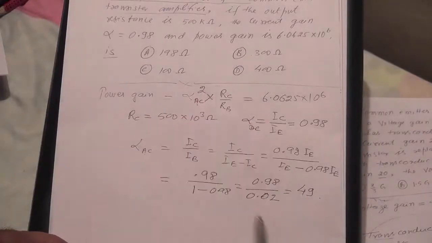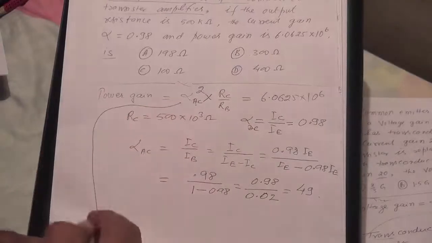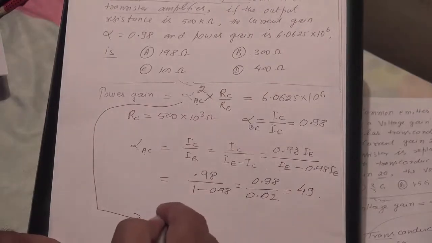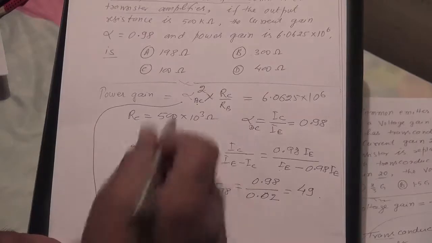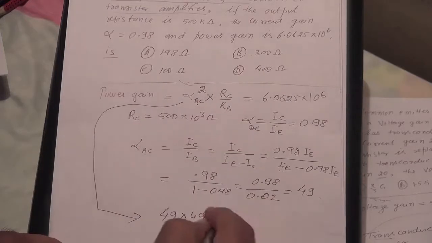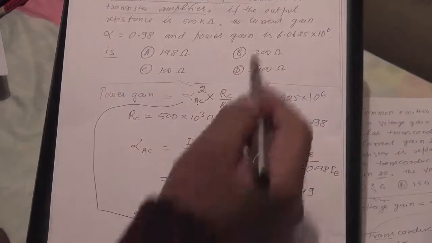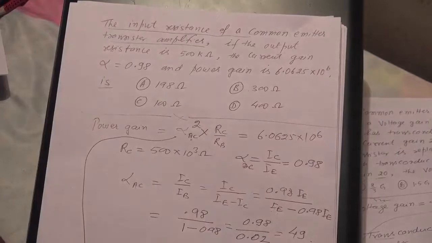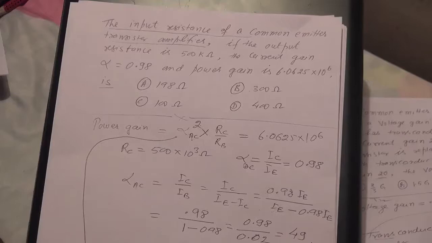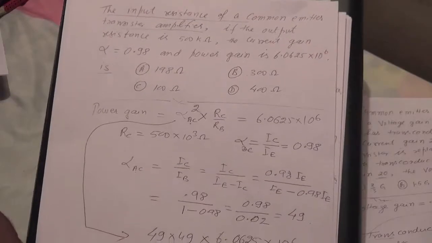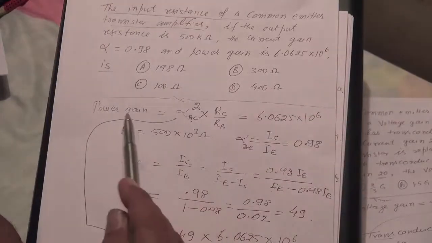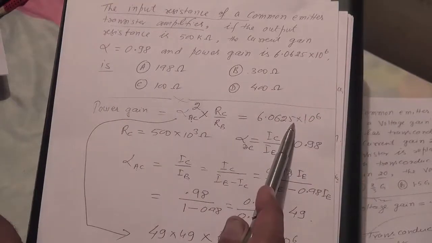Alpha square AC. How much will this be? 49 into 49, alpha square AC into RC. RC is given to us. This is power gain, 6.0625 into 10 to the power 6.